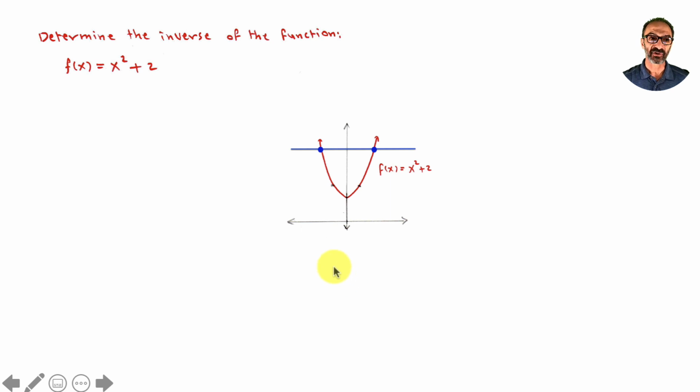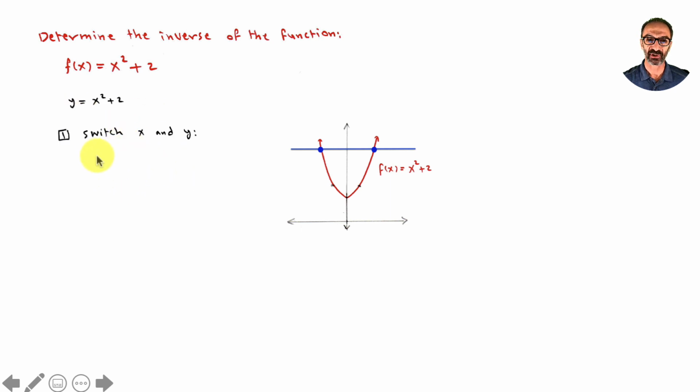Determine the inverse function of the function x to the second plus 2. You could see this is a parabola that shifted up 2 units. To find the inverse in steps, we're going to do the same thing like before.